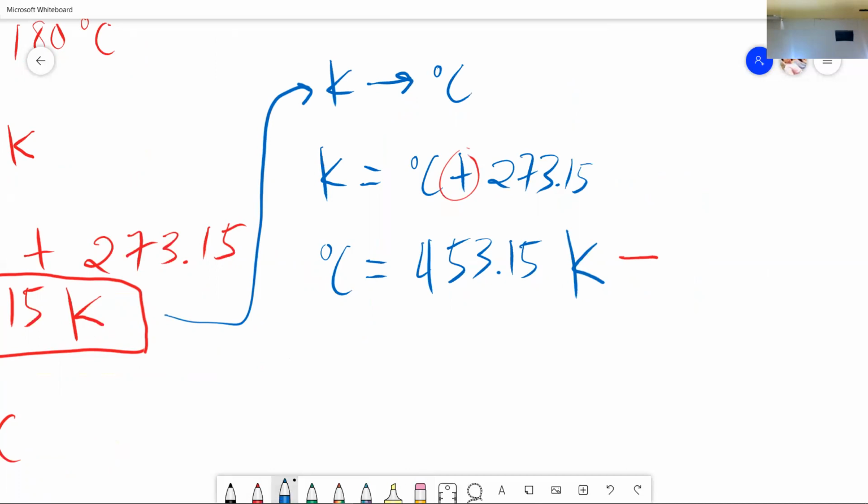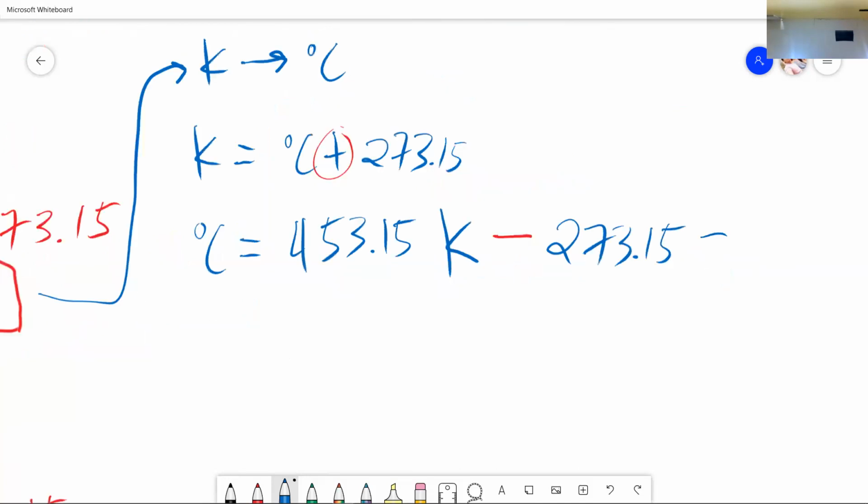Minus 273.15. So 453.15 minus 273.15, and that is 180 degrees Celsius. Do we have the same answer?